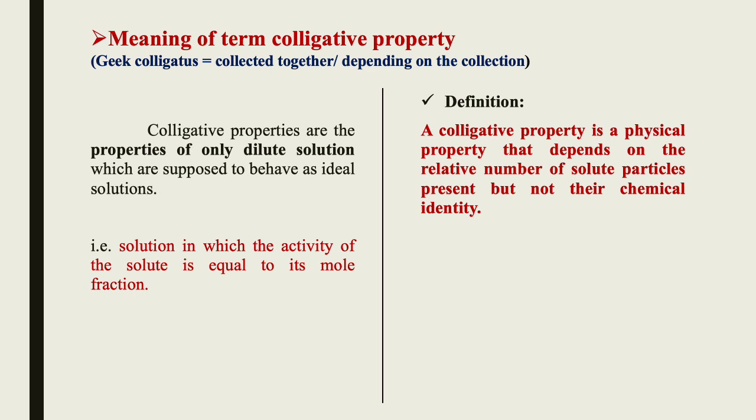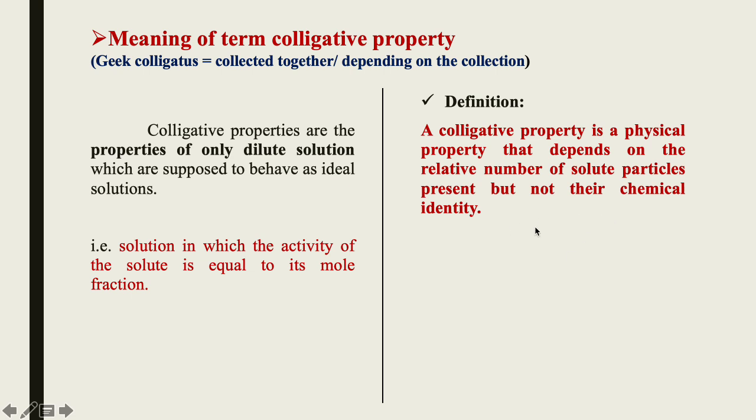So we will see the definition. A colligative property is a physical property that depends on the relative number of solute particles present but not their chemical identity. So this property only depends on the number of solute particles. How many solute particles are present in the solution, the colligative property only depends on that, but not their chemical identity.